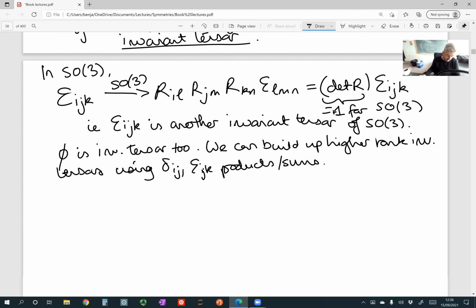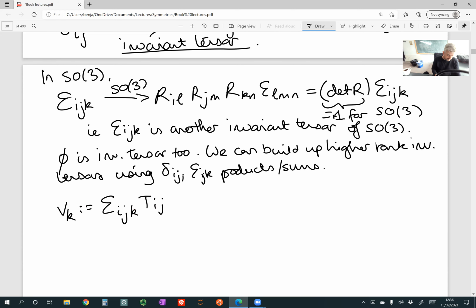Now what I want to do is think of objects that we can form out of our initial 2-index tensor T_ij and these invariant tensors, and see how they transform. An obvious thing we can do is to multiply T_ij with epsilon_ijk, and I'm going to call that combination V_k.